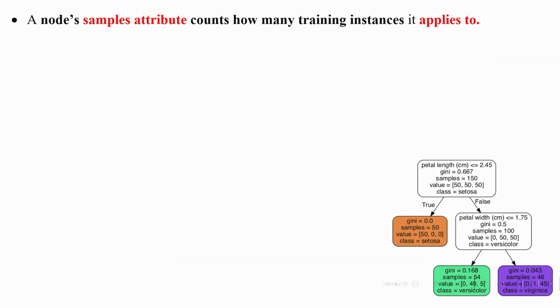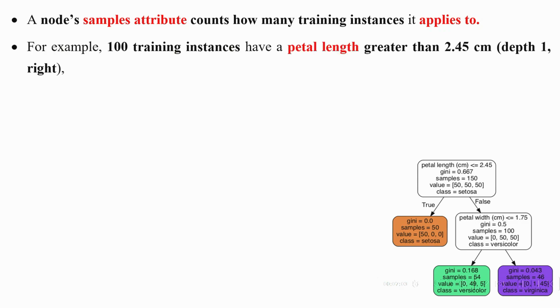A node's sample attribute counts how many training instances it applies to. For example, 100 training instances have a petal length greater than 2.45 centimeters. The first root node contains the condition less than 2.45.